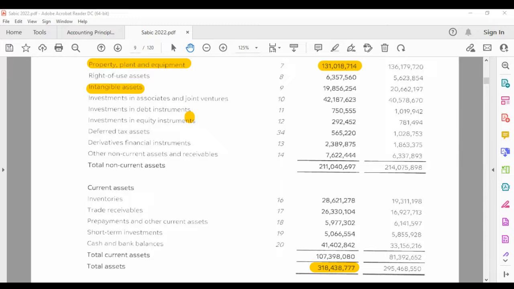It is 0.411, or approximately 41%. Thank you. So what is 41%? Property, plant, and equipment are 40 percent.